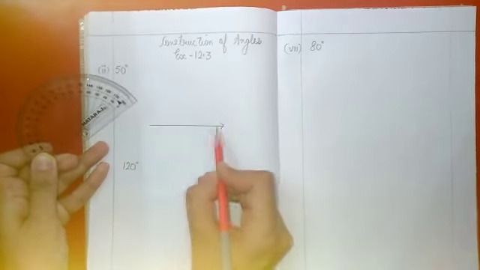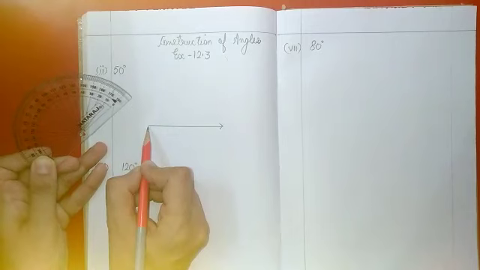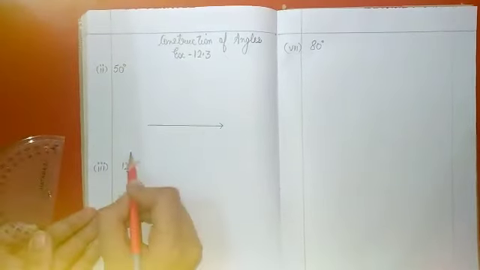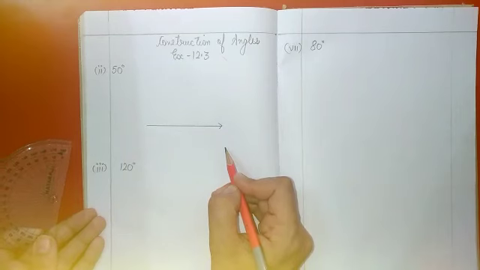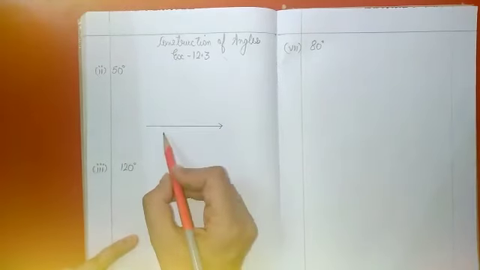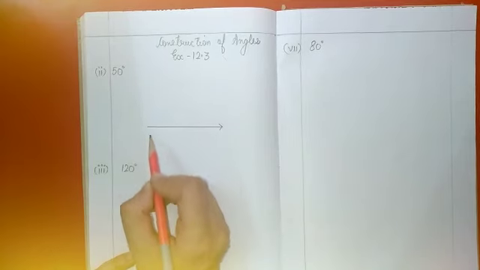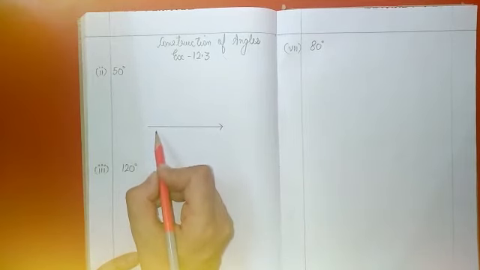If your ray is towards the right side, your initial point will be this, and if your ray is towards the left side, then your initial point will change. Whether you draw to the right side or to the left side, you always have to keep your protractor at the initial point, the starting point. This is a very important thing while drawing an angle.